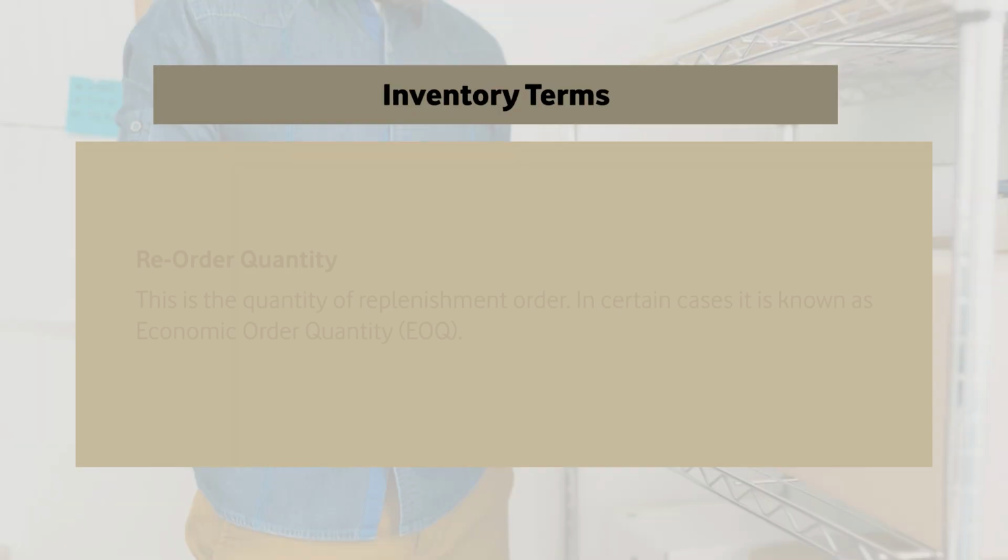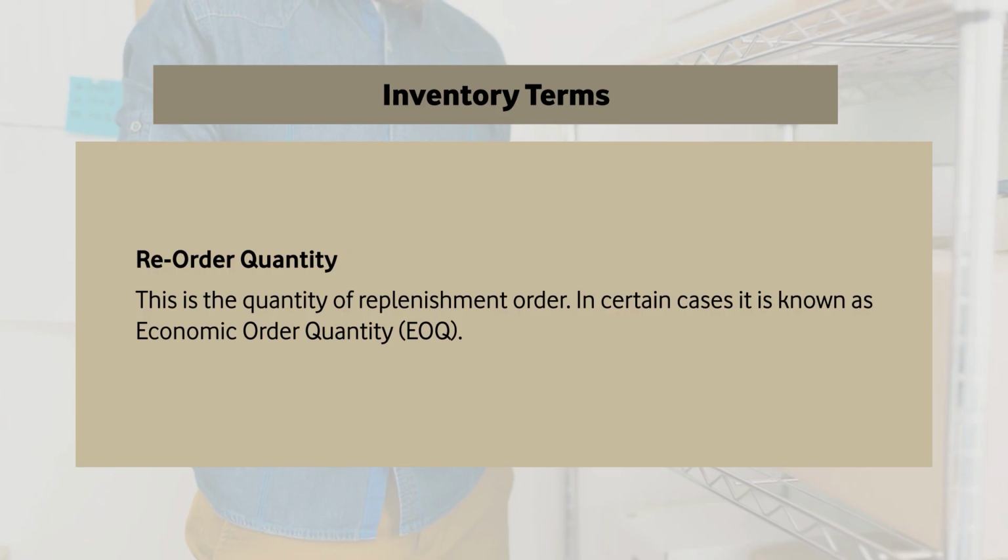Reorder quantity: in the same way, we have to assess the reorder quantity. Reorder quantity means how much to order, while reorder level means when to order. This is the quantity of the replenishment order. In certain cases it is known as economic order quantity, meaning how much quantity we have to procure.